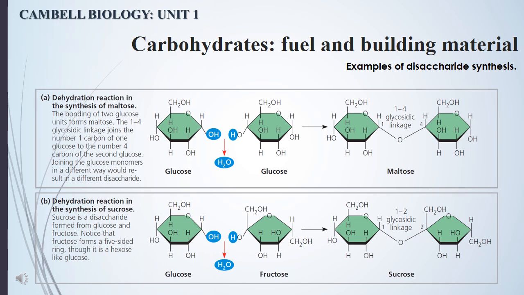And if the glucose monomers are joined in different ways, it would result in a different disaccharide. Now let's look at image B, which is also the dehydration reaction in the synthesis of sucrose. And sucrose is a dehydration reaction between glucose and fructose.